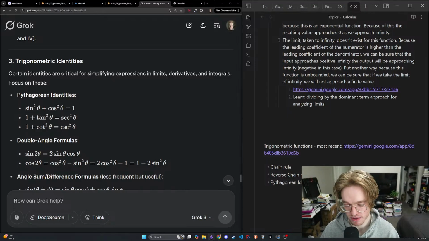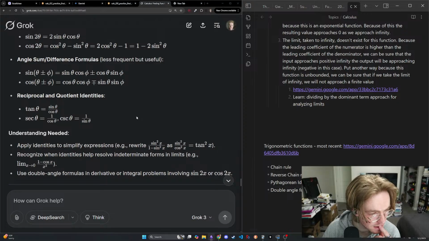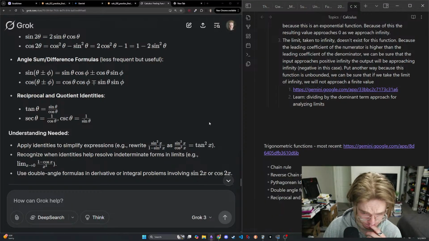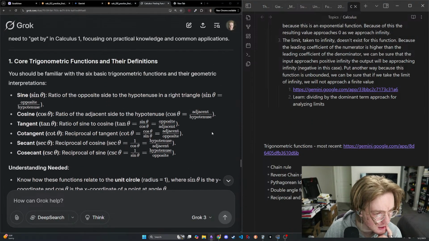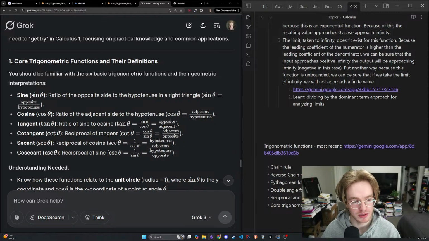So we'll just do the main one, double angle formulas, maybe a double angle formula, the reciprocal and quotient identities, and then core trigonometric functions and their definitions.